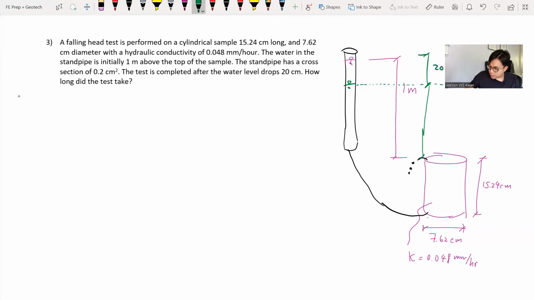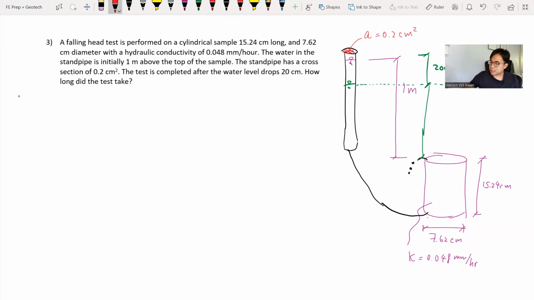So from the beginning of the test, the water level, and after a certain time, the water level dropped 20 centimeters. So that's the setup of the test. It's also given that the cross-sectional area of the pipette is 0.2 centimeters squared. And now the question asks how long did the test last?